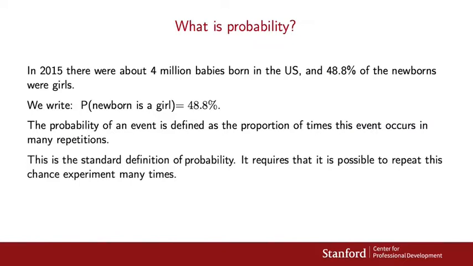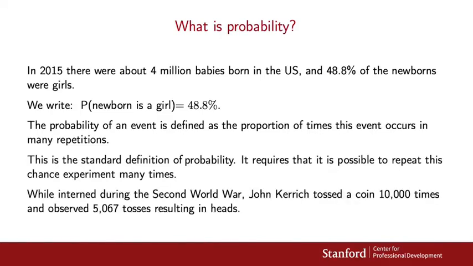And that's something that can actually be checked. Believe it or not, some people did check it. In World War II, the South African mathematician John Kerrich tossed a coin 10,000 times and found that 5,067 tosses resulted in heads. So that's roughly 50% of the tosses.